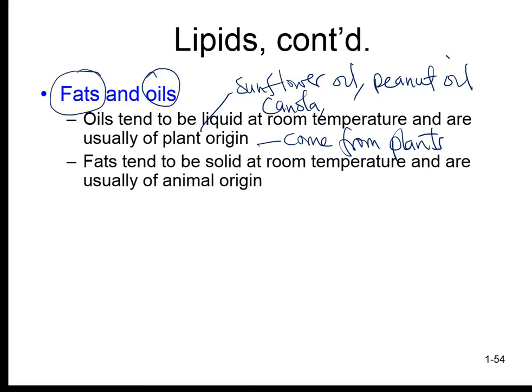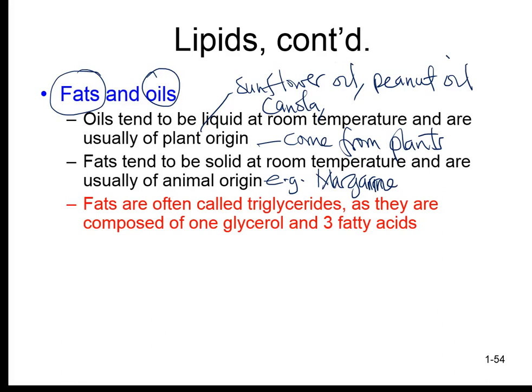While fats are solids at room temperature and usually come from animal origin. So when you think about margarine, think about it coming from animal origin. So like margarine, nyama indi mafuta, that is fat, and we see that mafuta they are solids.